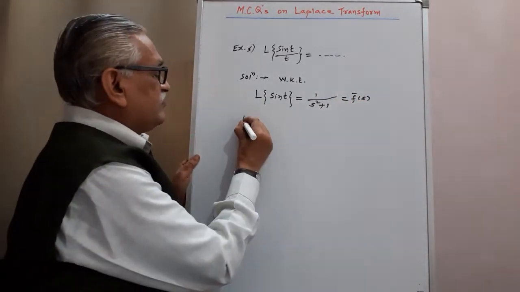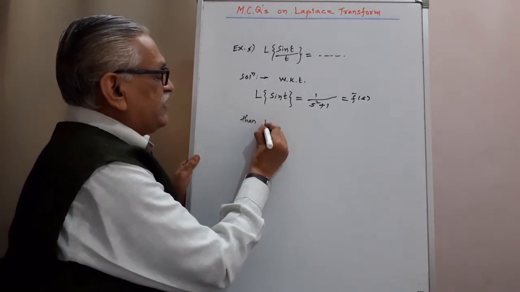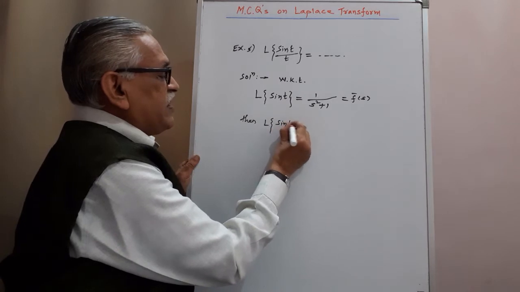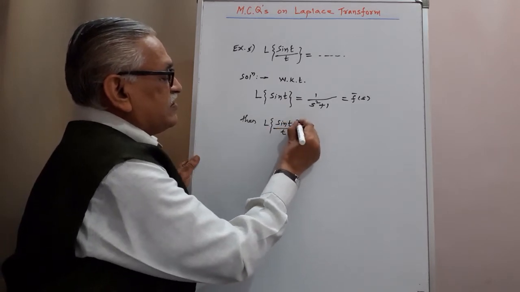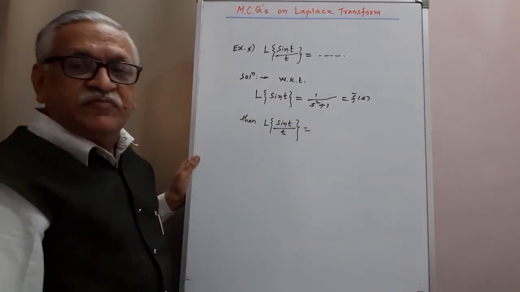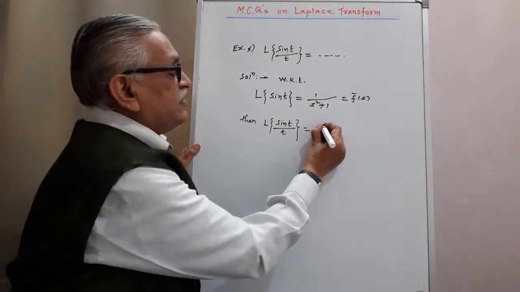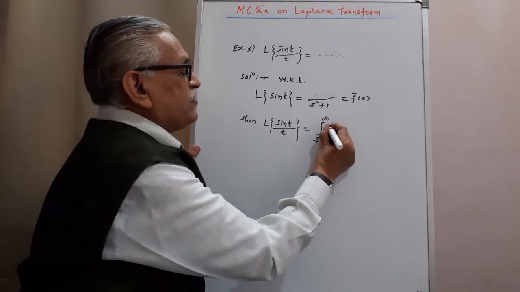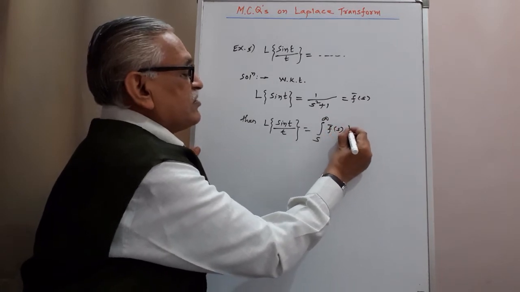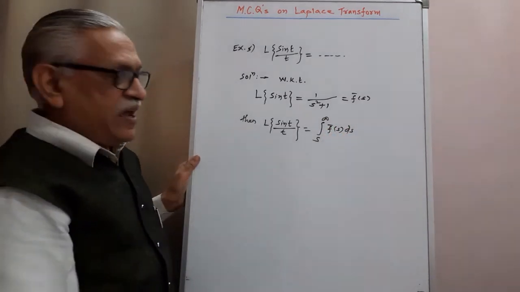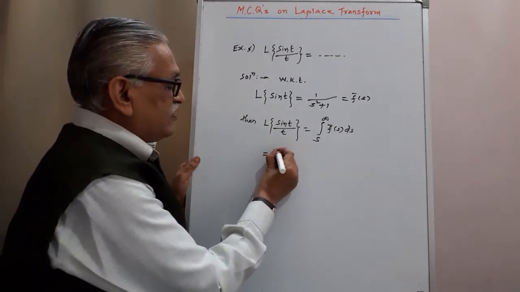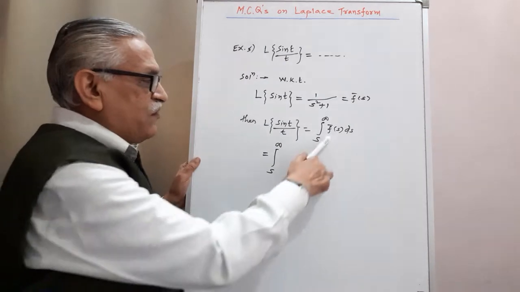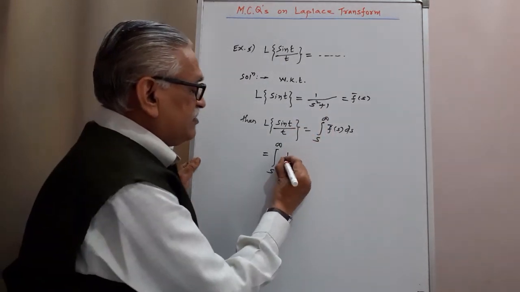Then by the division by t property, for sin t by t, it is the integration from s to infinity of f bar of s ds, which equals the integration from s to infinity of 1 upon s square plus 1.